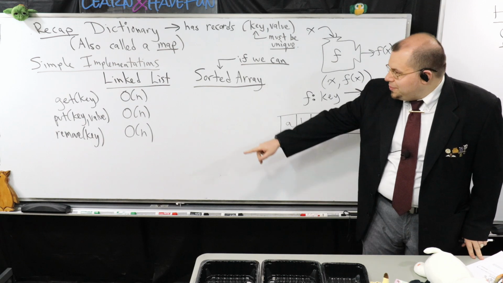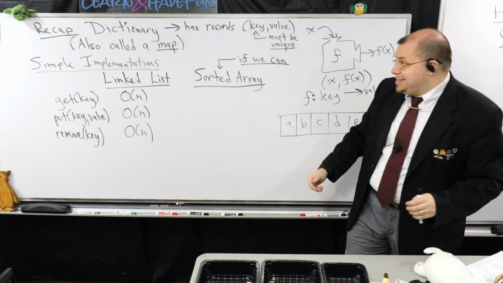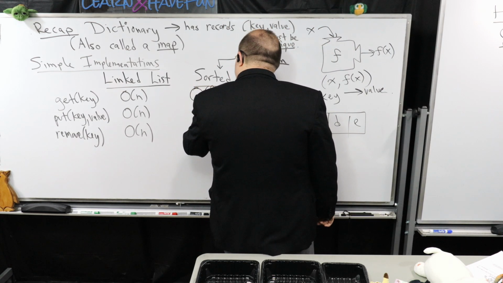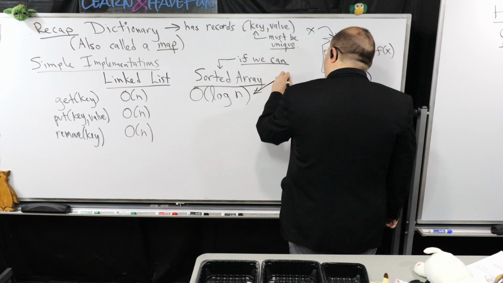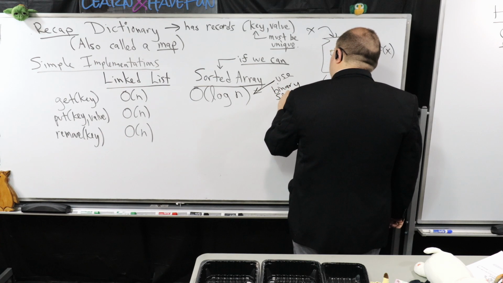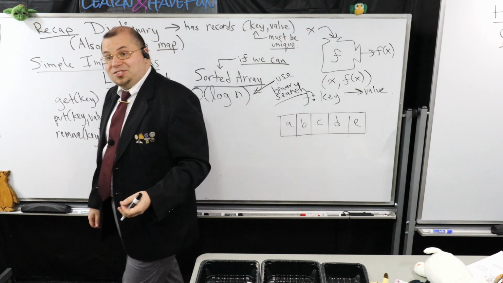Can I improve that linear time operation there? Yes, you can use binary search, exactly. So I can improve that get operation. I can use binary search here, right? So that's a nice improvement, assuming I can maintain a sorted array.